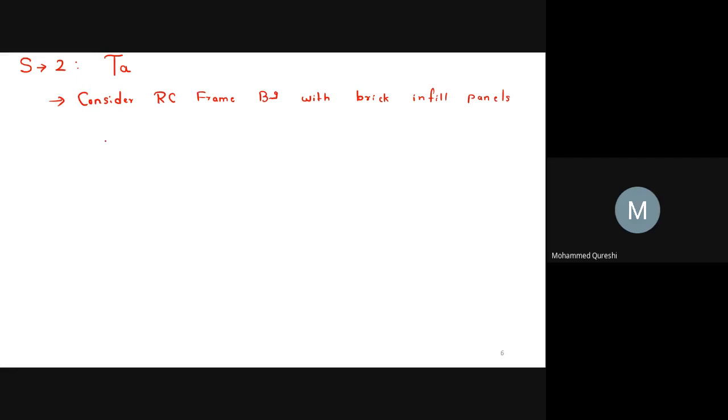So in that case, according to IS 1893 Part 1 2002, clause number 7.6.2, page 24, we have the equation as TA equals 0.09 H upon under root of D, where we know that H is nothing but height of the building.